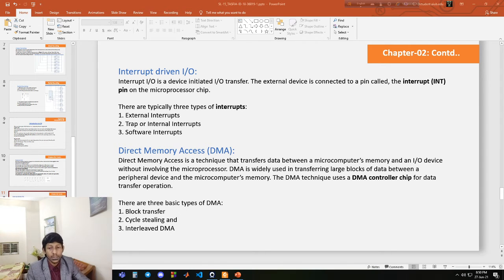Direct memory access is another I/O. It is controlled by DMA chips, direct memory access chips.